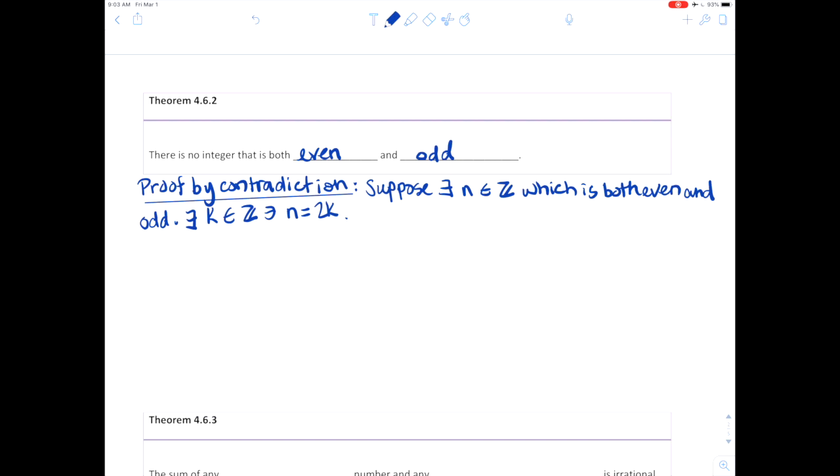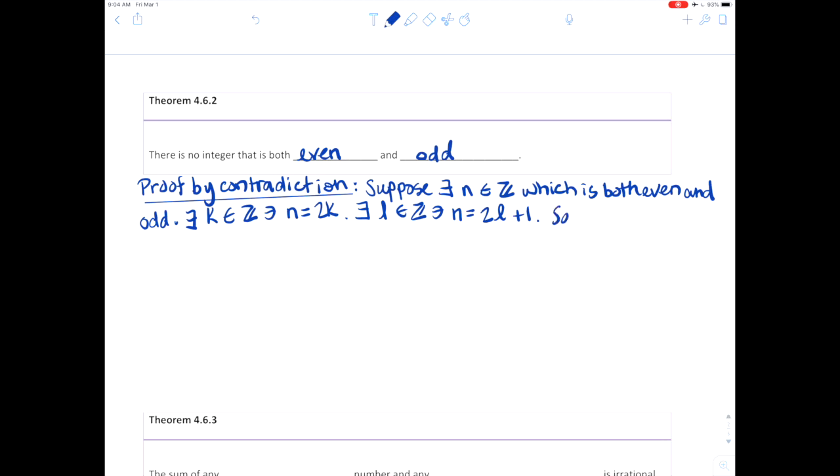Well, there's also going to exist some l that belongs to the integers such that n is equal to 2l plus 1, right? That's by definition of odd.